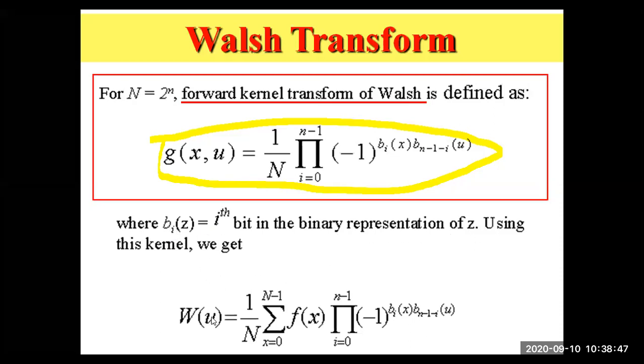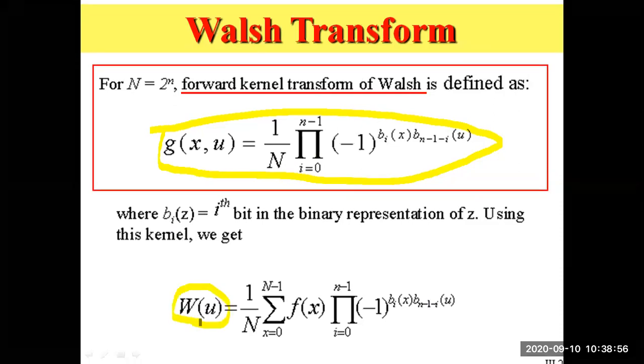Using this kernel, this is the spatial domain, and this is the frequency domain: W of u equals 1 by N into sigma x equal to 0 to N minus 1 f of x into product for i equal to 0 to n minus 1, whole power b_i of x, b_(n minus 1 minus i) of u.